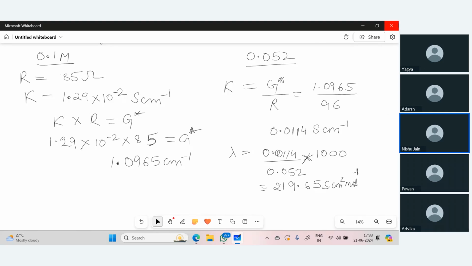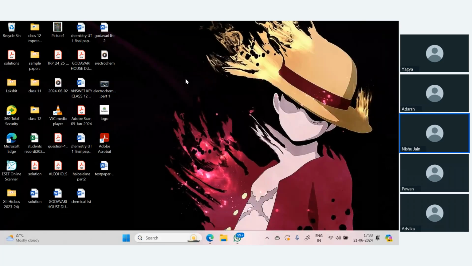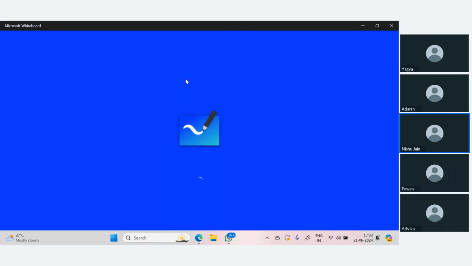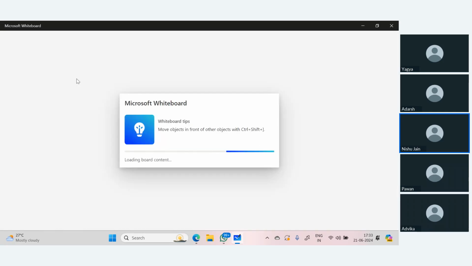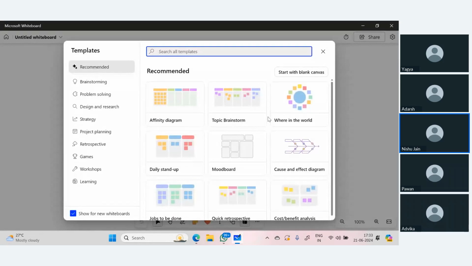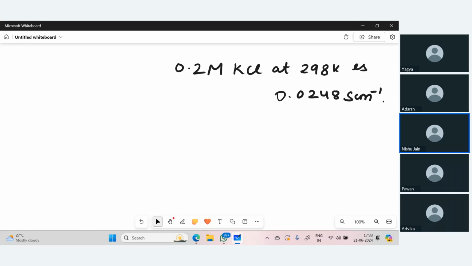I'm sharing the board again. The conductivity of 0.2 molar KCl at 298 Kelvin is 0.0248 Siemens per centimeter.